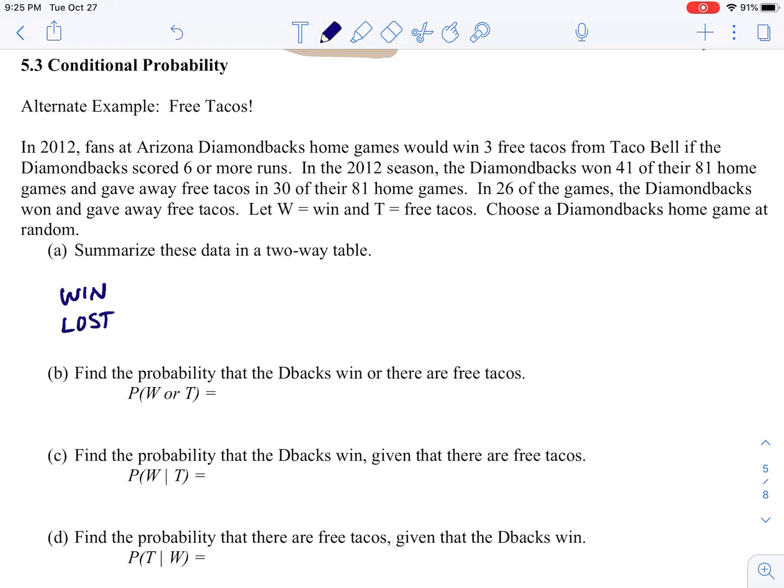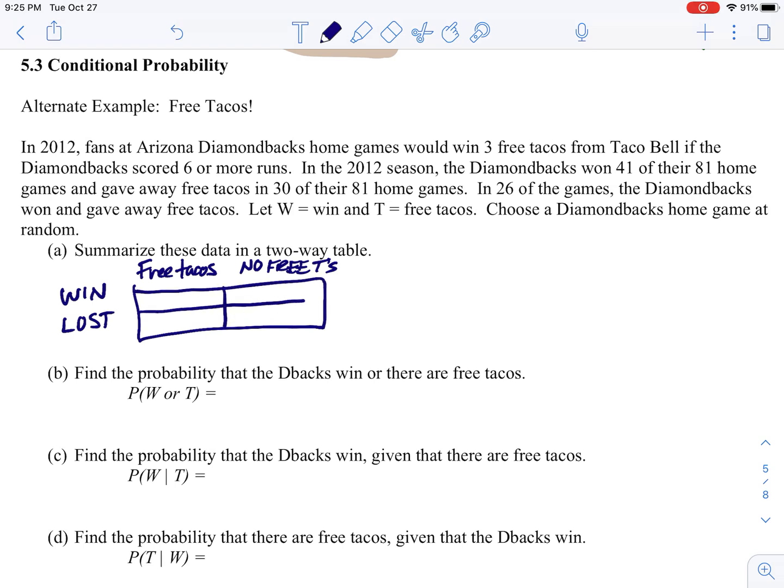So that's one variable, the status of winning or losing. And then whether or not the fans got free tacos or no free tacos. This is our two-way table. Very simple again. This time, though, we're going to do counts.